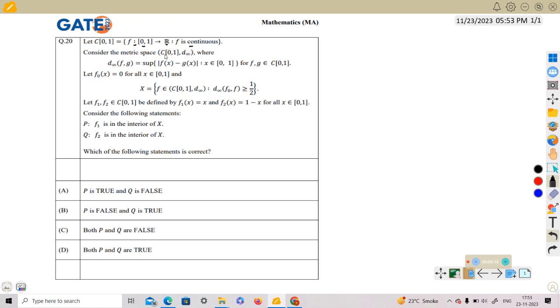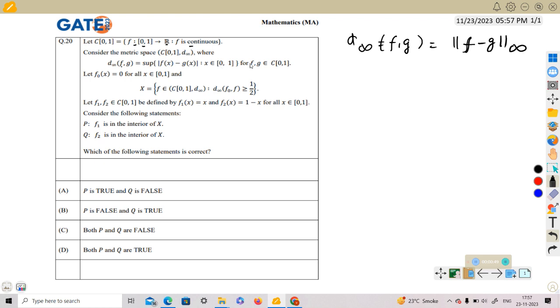Consider the metric space (C[0,1], d_infinity), where d_infinity(f,g) is equal to the supremum of |f(x) minus g(x)|, x belongs to [0,1]. Those who know, it is nothing but simply the sup norm of f minus g.